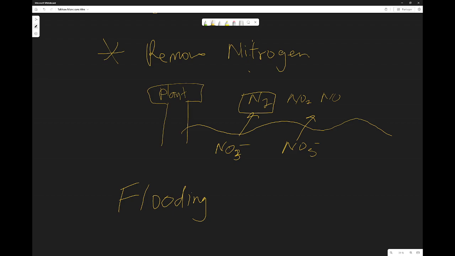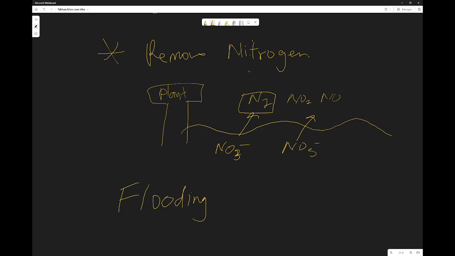So there can also be nitrate runoff. Nitrates are actually soluble, so if there's a lot of water, the nitrates can run off or be completely leached from the soil via that runoff and denitrification.